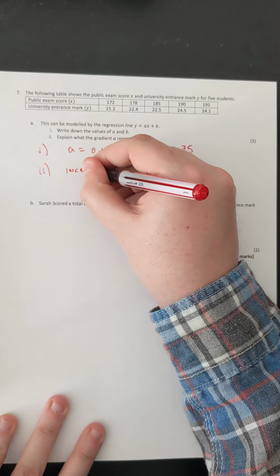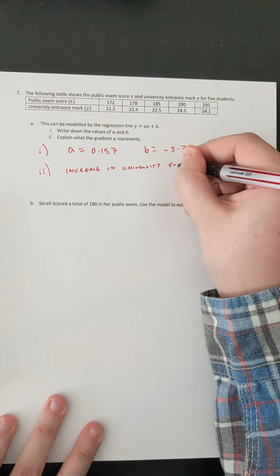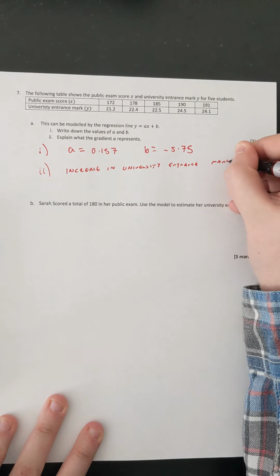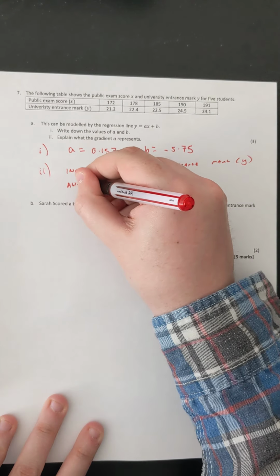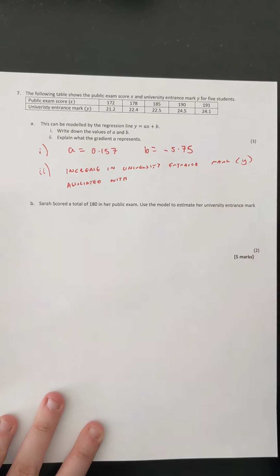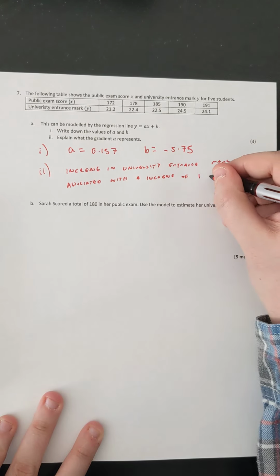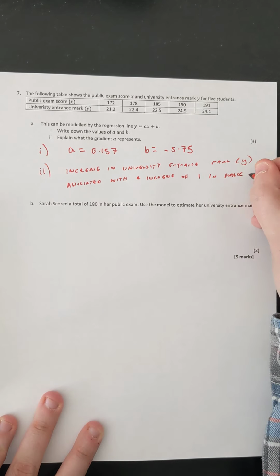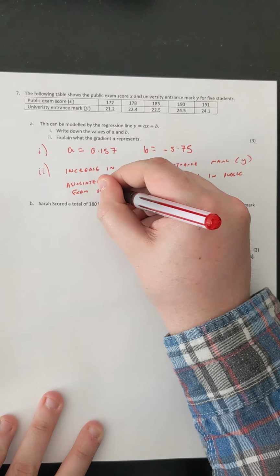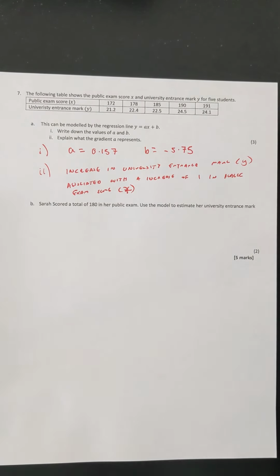So this is the increase in university entrance mark, which is y, associated with an increase of 1 in public exam score, which is x, sorry. Now there are all sorts of ways to write this, but in essence all I'm saying is how much does y go up when x goes up by 1. That's all that it's saying, and I've related it back to my variables.